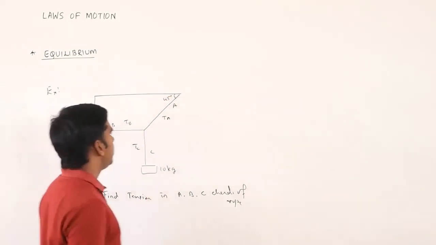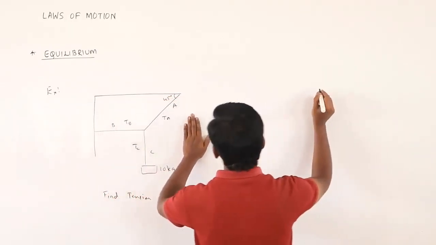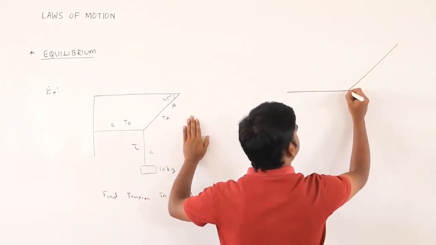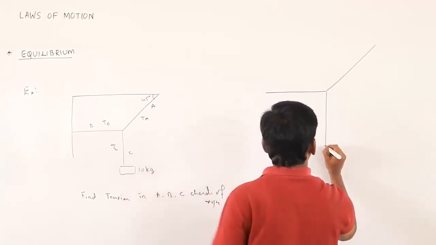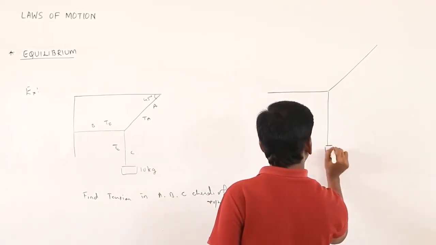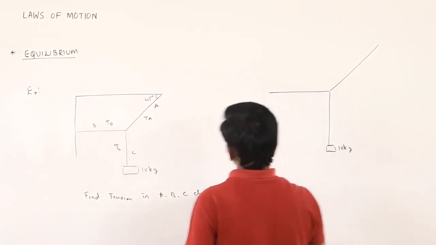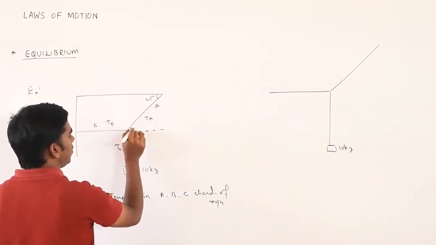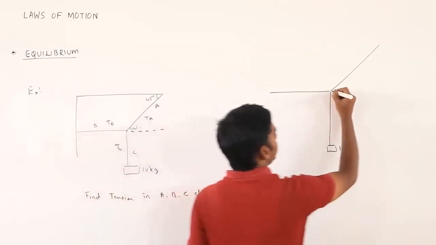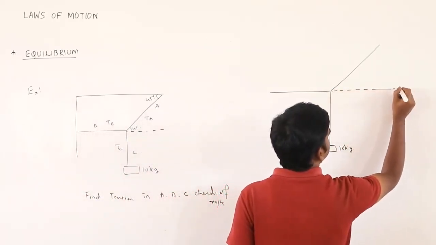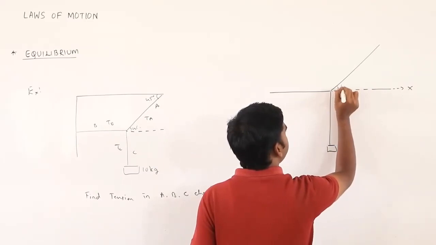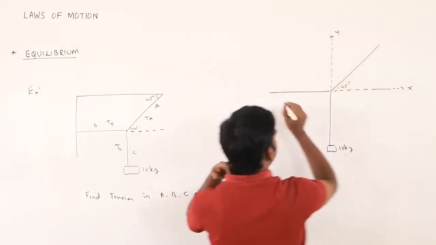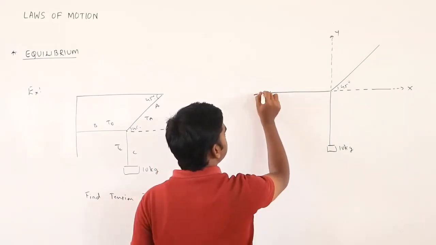If that is 45 degrees, the diagram is going to be something like this. Here the mass of 10 kg is there. This is 45, so this angle is also going to be 45. Along x I will take it as 45, this is y, and this side is minus x.